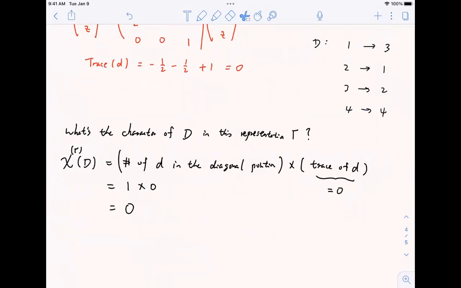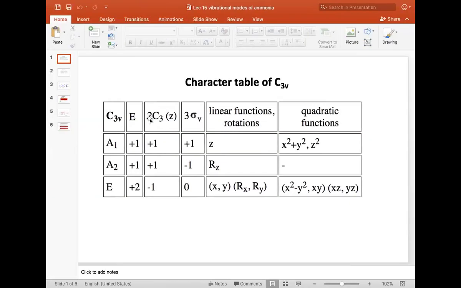Okay, is it okay? So now, let's go back and look at this character table. I'm going to copy this character table.